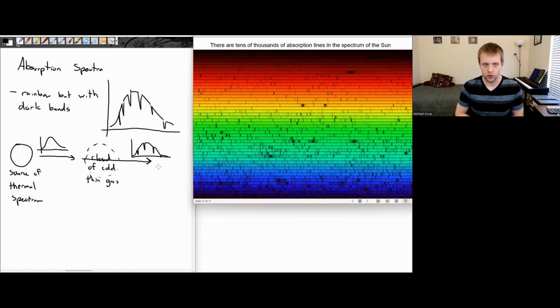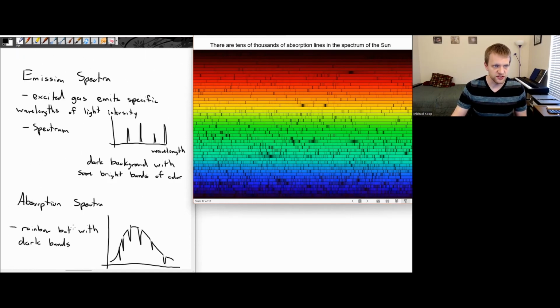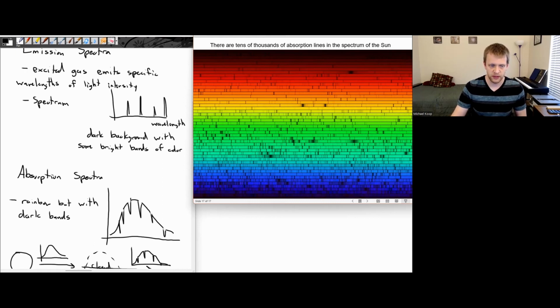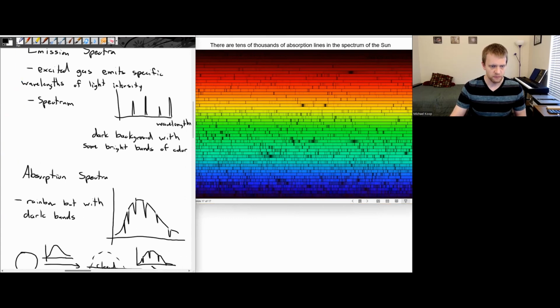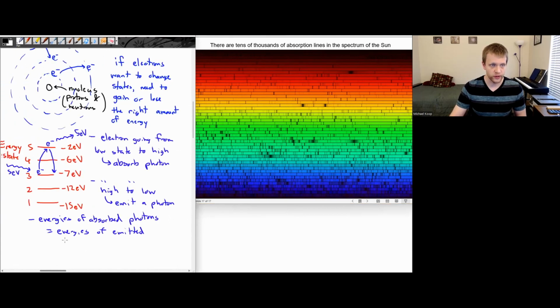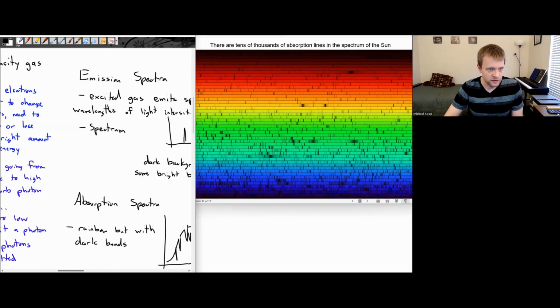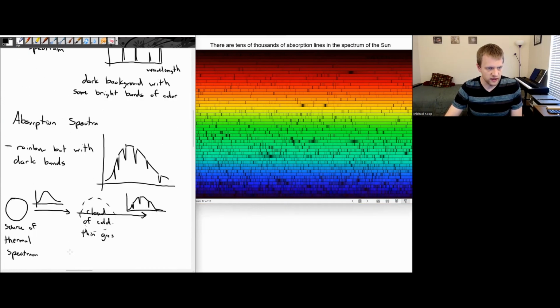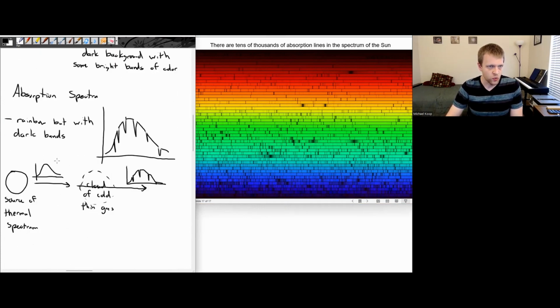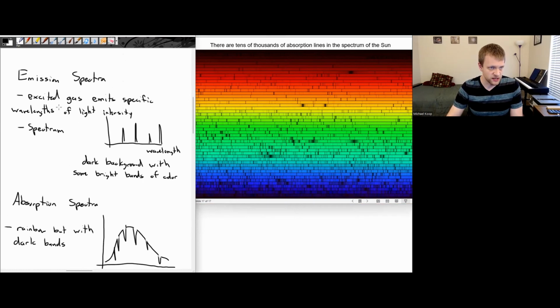Again, we're going to talk about this more when we talk about the properties of stars and how much information is encoded in here. But at least for now, we've got these different kinds of spectra, emission spectrum, absorption spectra, how they're produced, both in terms of what's going on inside of the atom, how these electrons are changing between energy levels, and on a larger scale of how, if I have a thin excited gas, I'm going to make an emission spectrum.